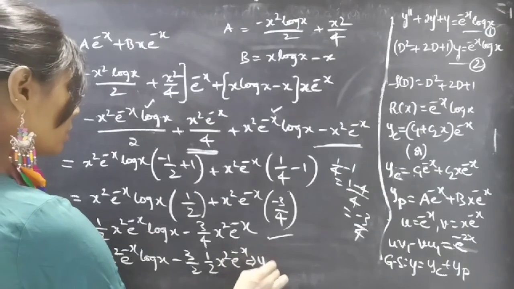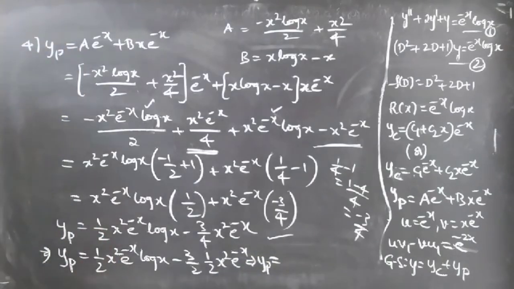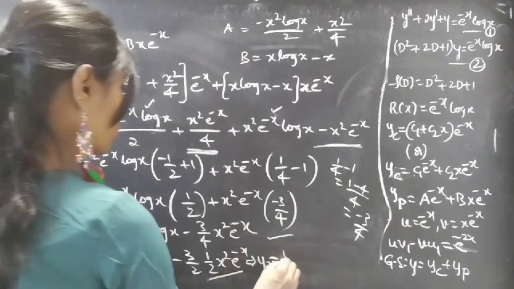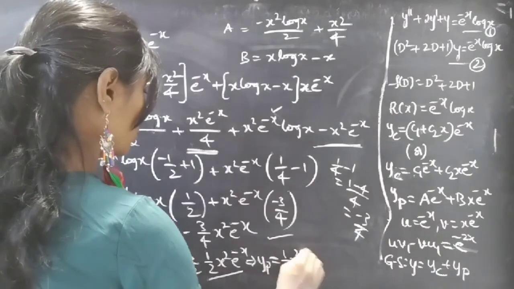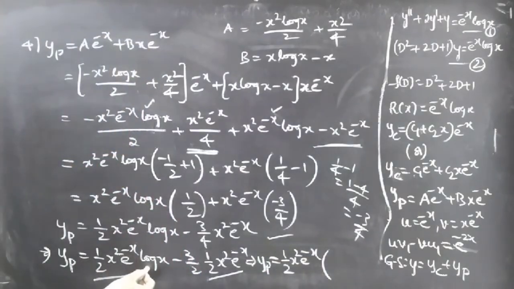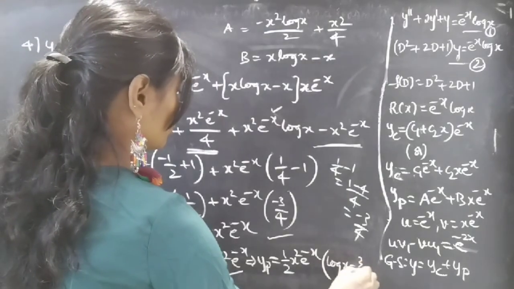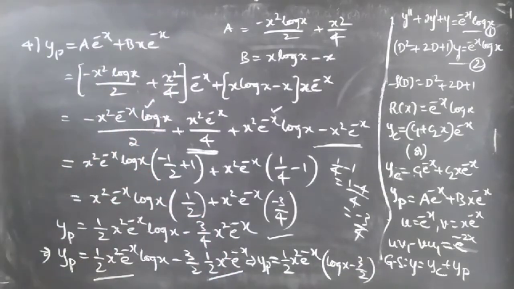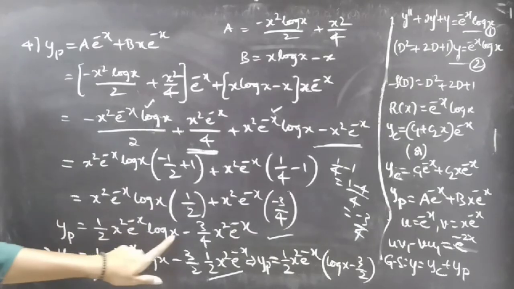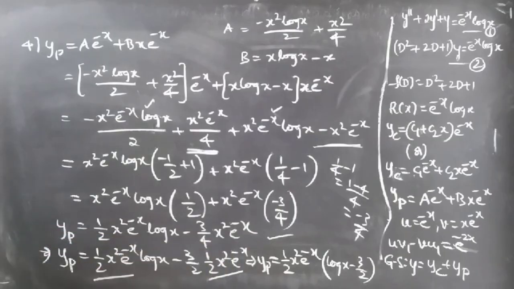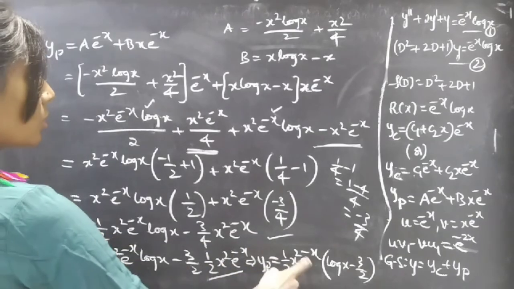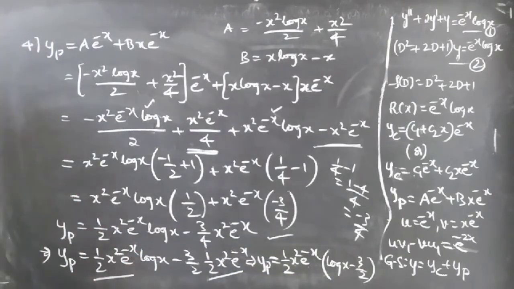From this we'll get yp equal to, taking 1 by 2 x square e power minus x common from these two terms, 1 by 2 x square e power minus x of log x minus 3 by 2. Okay. Either you can write yp equal to 1 by 2 x square e power minus x log x minus 3 by 4 x square e power minus x, or 1 by 2 x square e power minus x of log x minus 3 by 2.